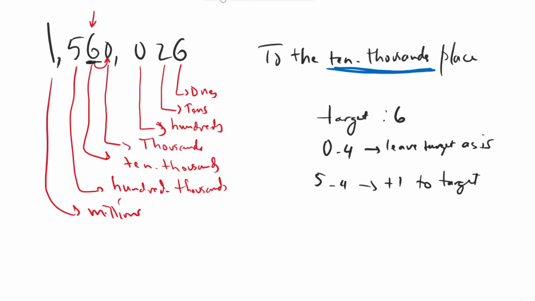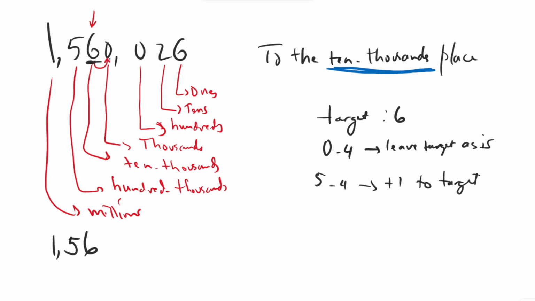We bring down the 5, and the 1. We don't do anything with the numbers to the left of target. We only change the digits that are to the right of target.